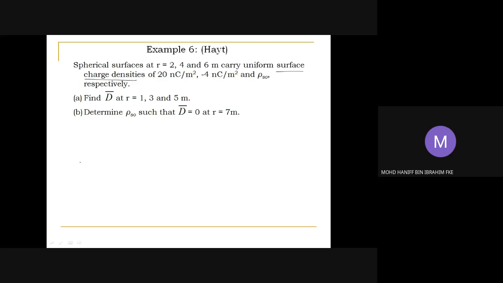So let us sketch it. This is 2, that should be 4, and that should be 6 meters. So that is the position, the sketch of your problem.